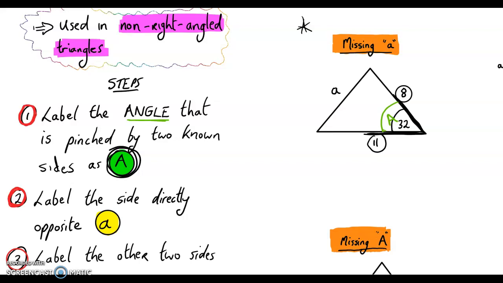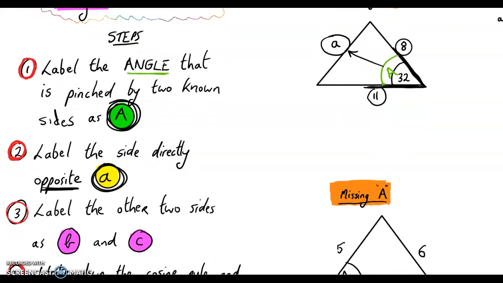Okay, now step two. Label the side directly opposite that angle as small a. So over here we have small a. Now the question has already given it to us this way, so that's fine. Step 3, label the other two sides as B and C, and it doesn't matter which is which.